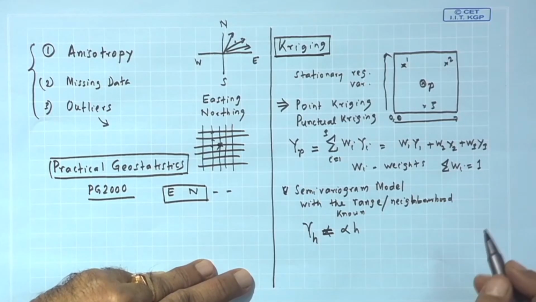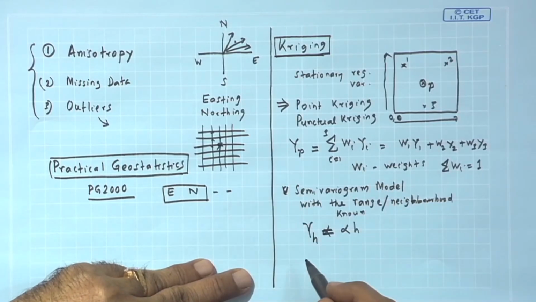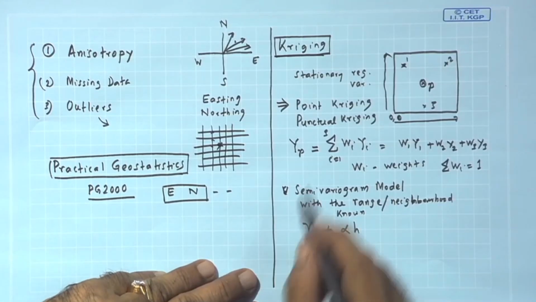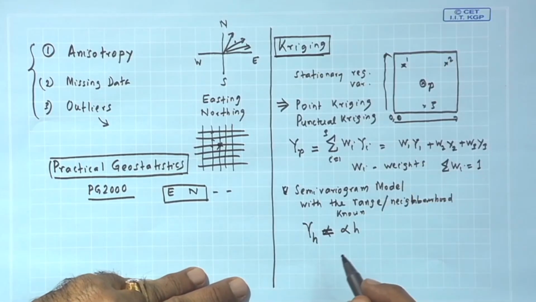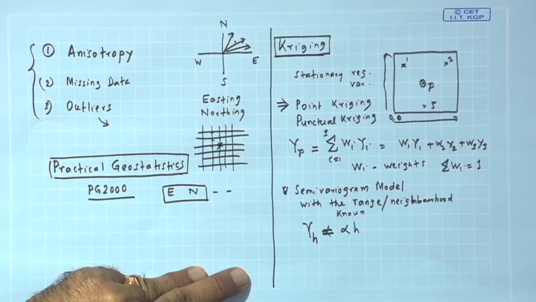Now how can we do that? Here the value of the regionalized variable at P is unknown, and the values at 1, 2 and 3 are known, and the only thing that we have here is the semivariance, the model semivariogram.